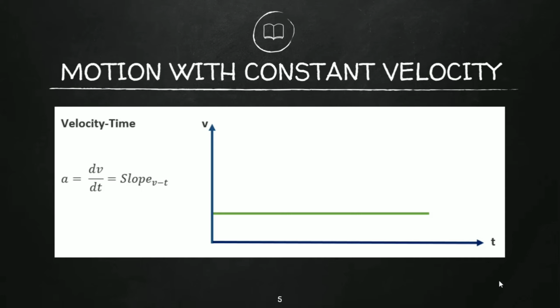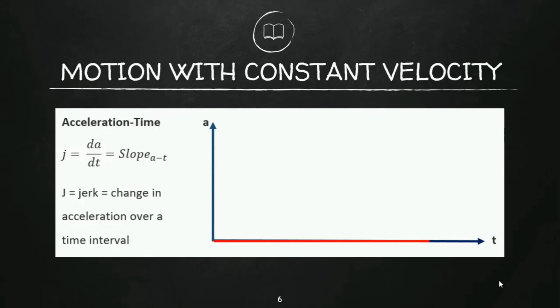And if you differentiate the constant velocity with respect to time, then you will arrive with zero acceleration. True to what it is, that if there is no change in velocity, there is also no acceleration, because acceleration describes the change in velocity with respect to time.